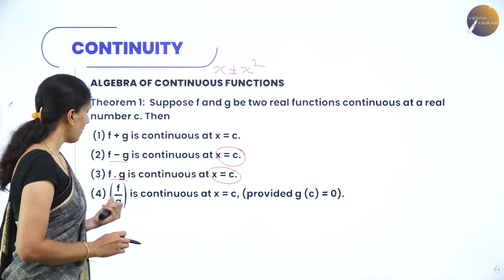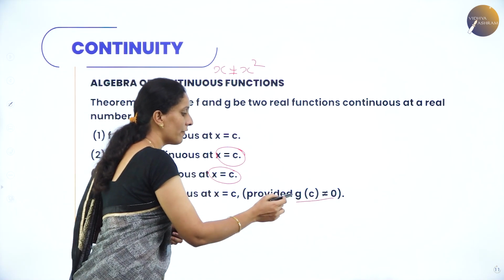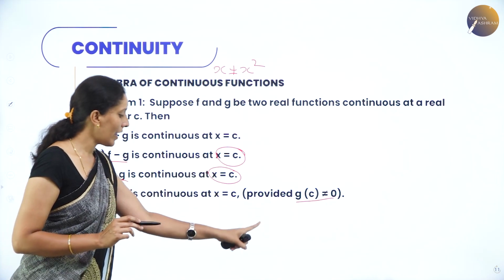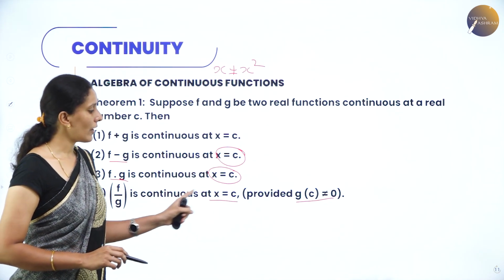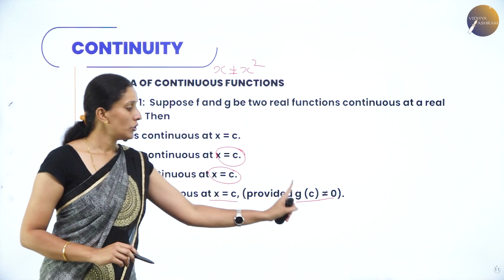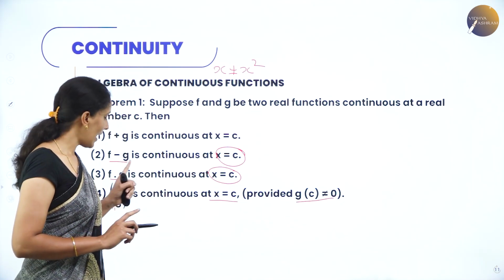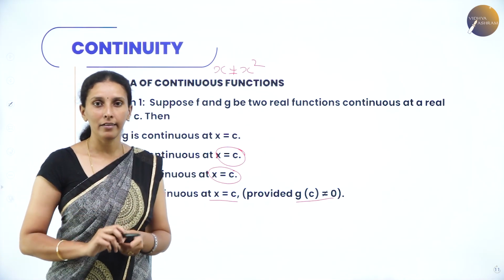And we have f over g, provided g of c, the function at this point, should not be equal to 0. This is only an extra condition: g of x should not be equal to 0 at the point c. Then only can we define f by g as a continuous function at the given point.